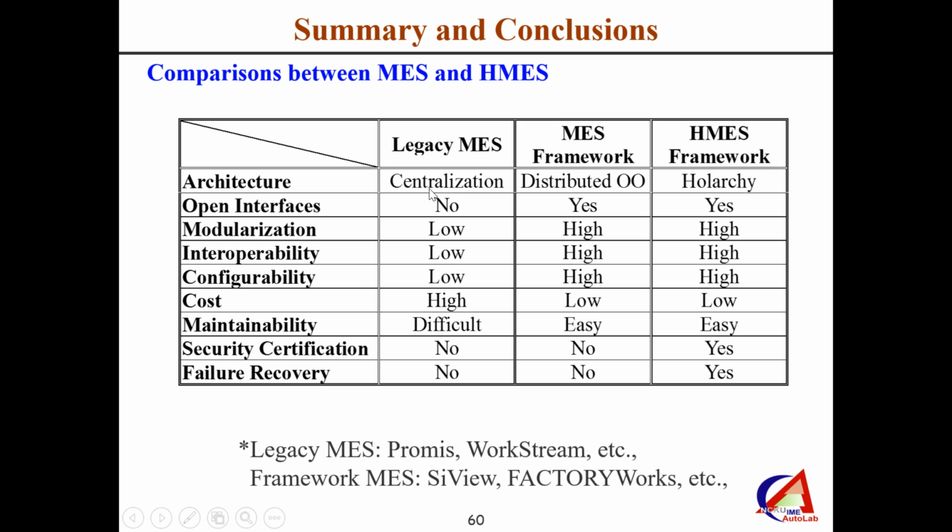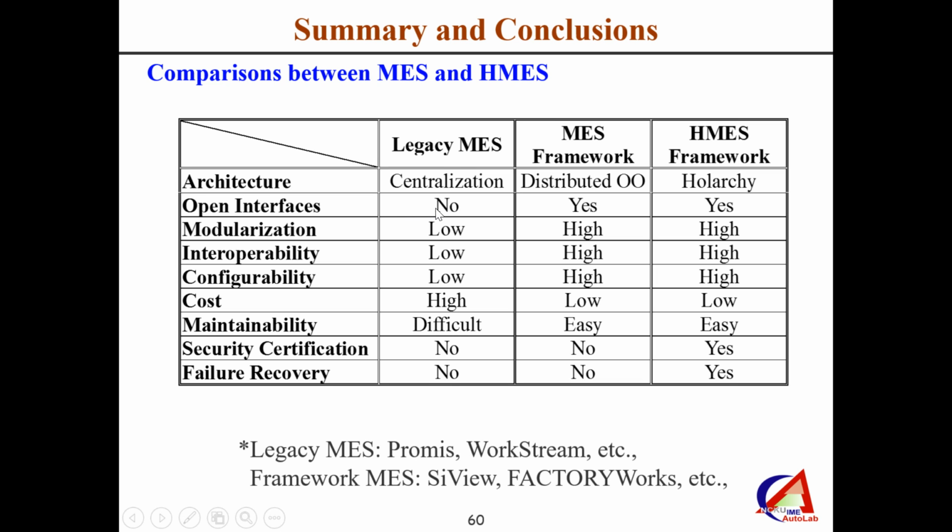For a centralized system, for example, IBM has a centralized MES called Poseidon. That is the old version of MES. That is centralized. But now they have SI View, etc. Those are the framework designs. So this is a distributed object-oriented system.